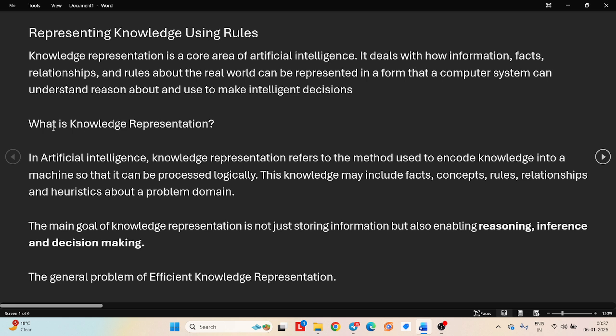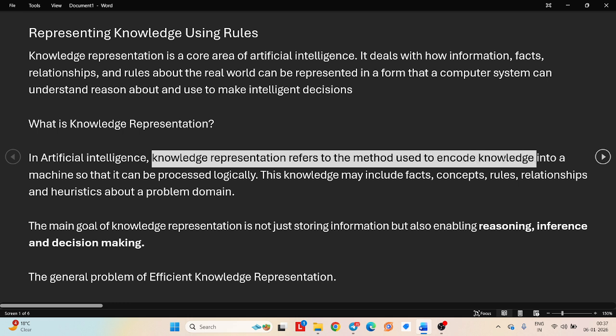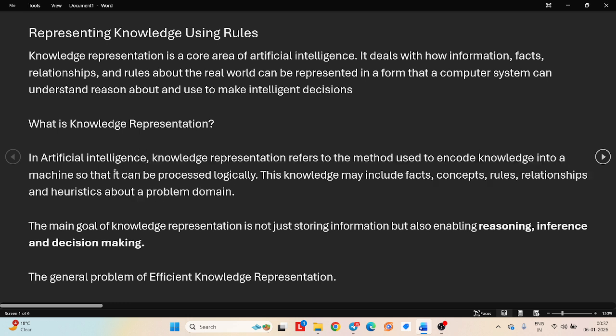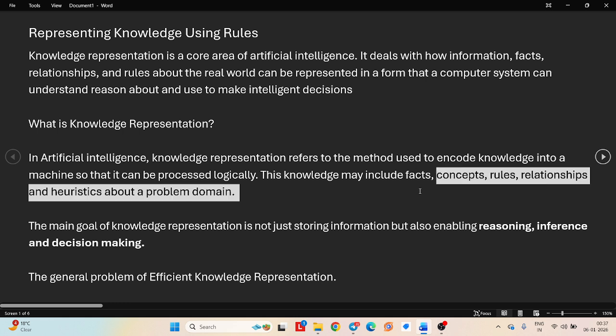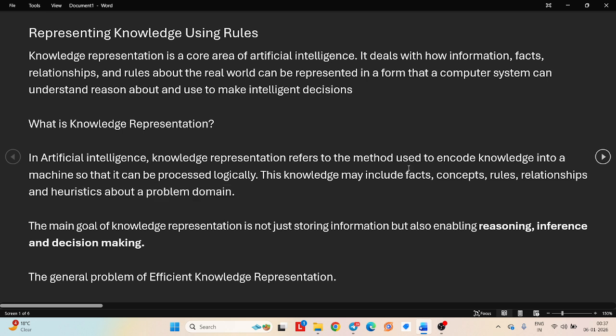So what is knowledge representation? In artificial intelligence, knowledge representation refers to the method used to encode knowledge into a machine so that it can be processed logically. Whatever information we give, it will process logically. This knowledge may include facts, concepts, rules, relations and heuristics about a problem domain.